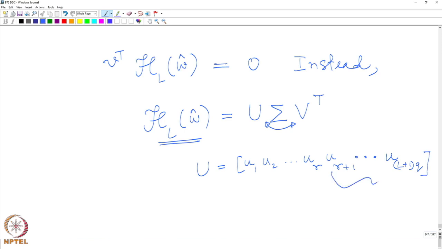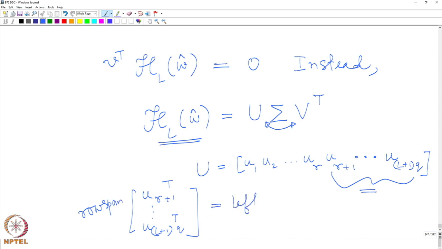You take these vectors and look at UR plus 1 transpose and so on up to U of (L plus 1)q transpose. The row span of this is equal to the left kernel of H_L(W hat).